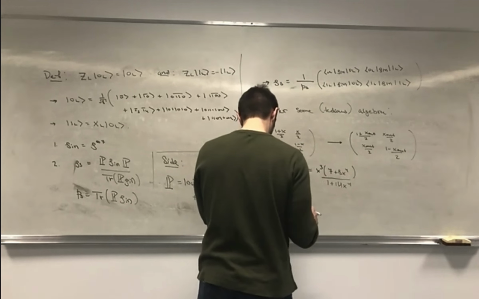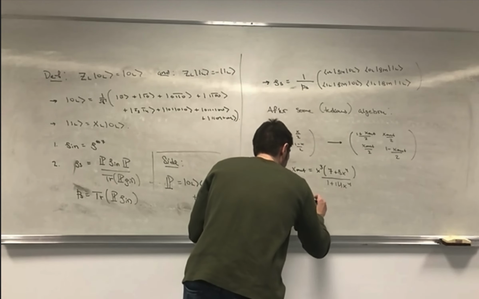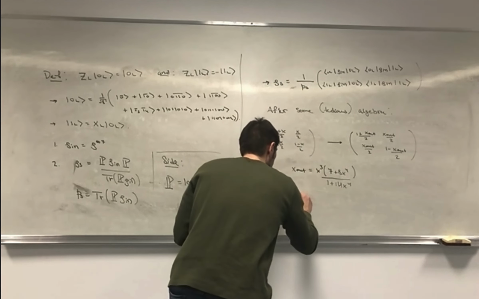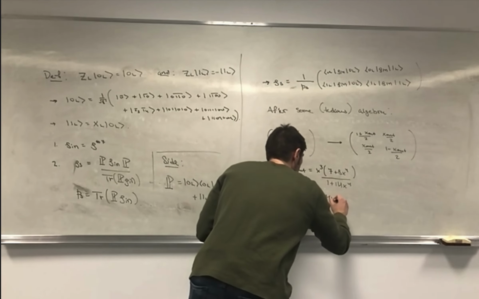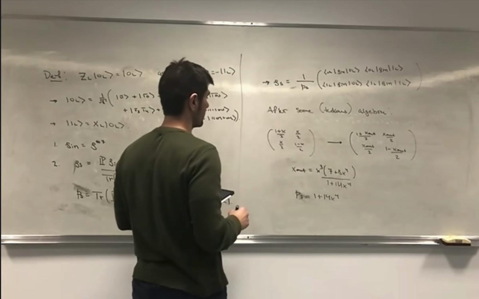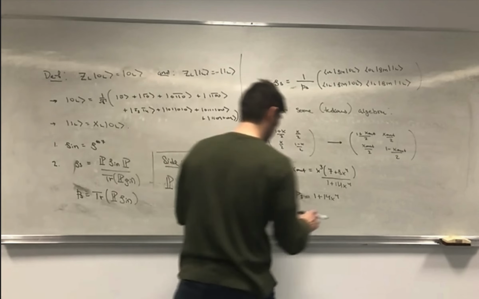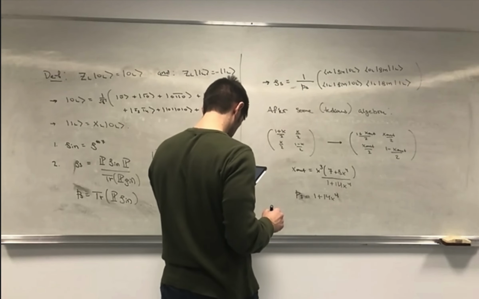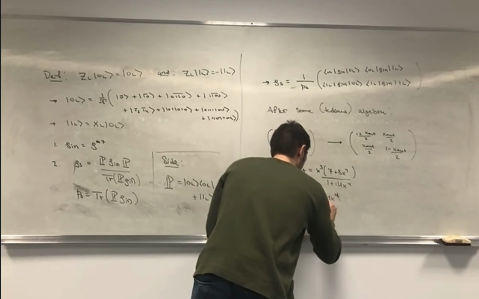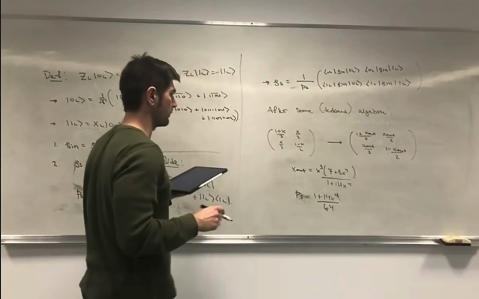This is this x out. And then the probability of success is this denominator, 1 plus 14 x to the 4th, over 64.